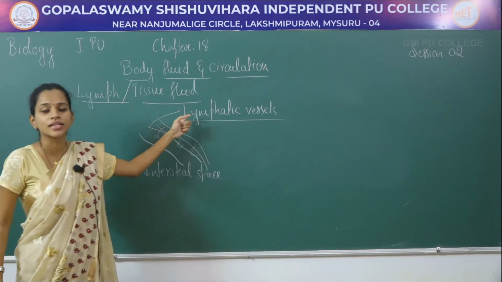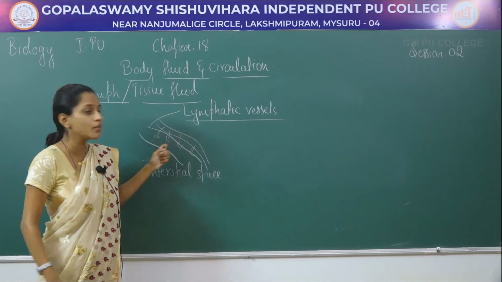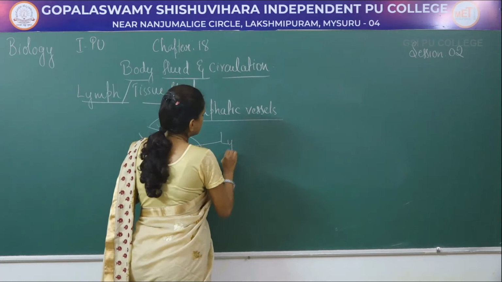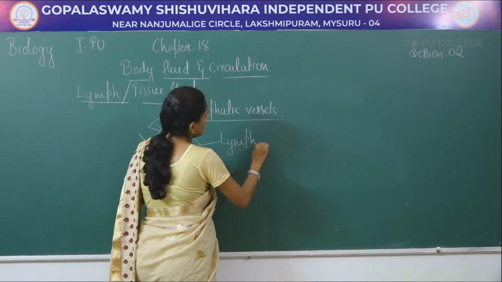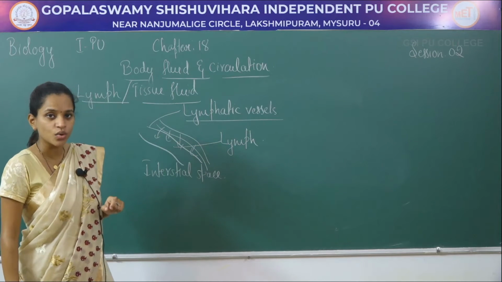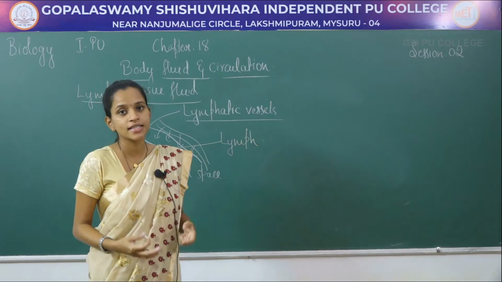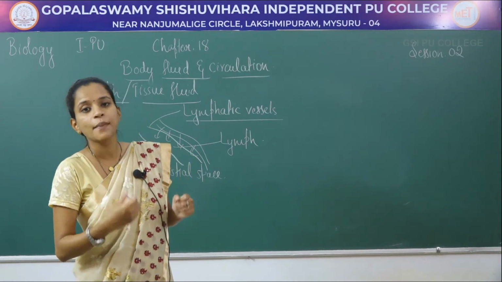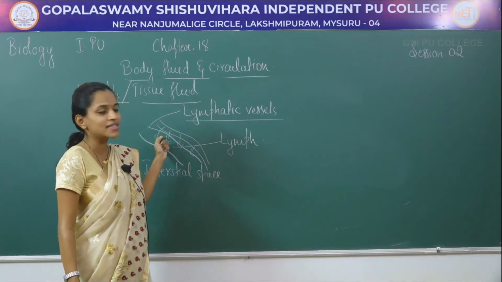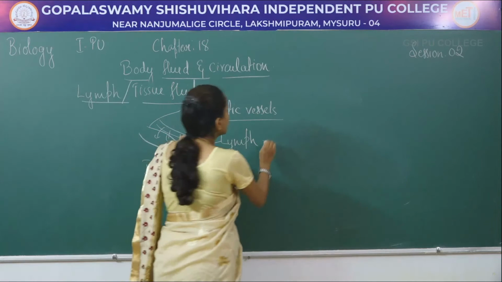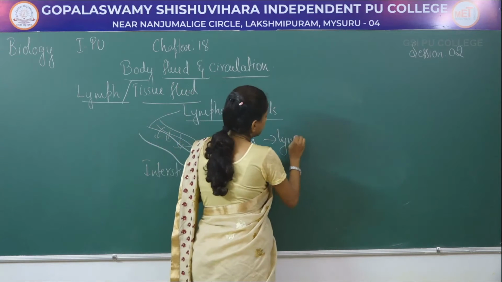This lymphatic vessel now contains the fluid which is called lymph. The lymph contains, as I have told, some gases, some nutrients as well as blood cells. A particular blood cell present in the lymph is the lymphocytes.